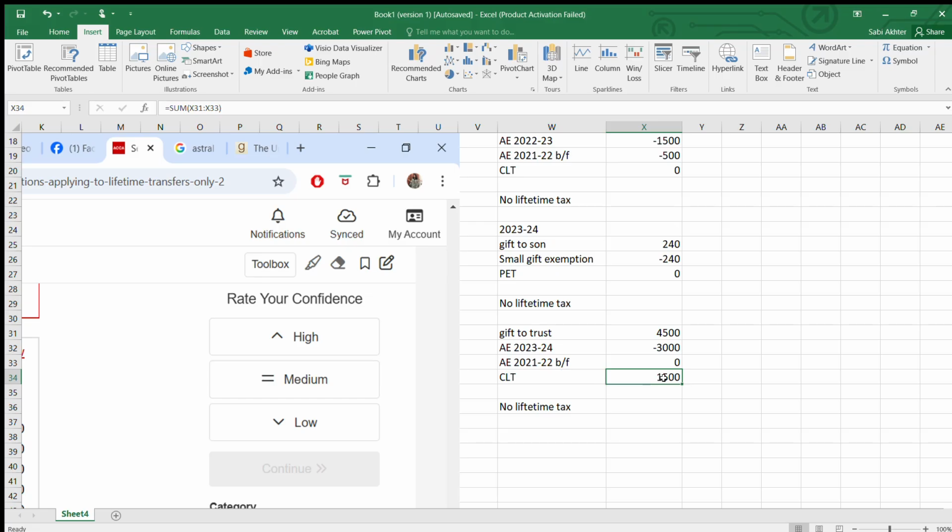We haven't covered that, but the nil rate band is 325,000, which we will cover in the next slide. So this 1,500 CLT will be covered by the nil rate band. Therefore, this also will not be taxable. Now, moving on to the next tax year, 2024-25.